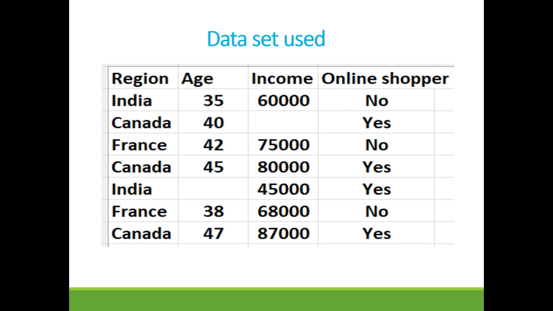In the age variable the range is from 35 to 47, and in the income variable the range starts from 45,000 to 87,000. So there is a huge difference in the range of the age variable and the income variable. First of all, we need to bring both the variables onto the same scale. So to bring the values of both the variables onto the same scale, we need to perform the feature scaling.